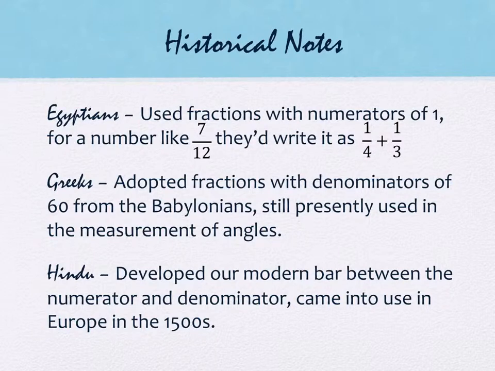All right, the last one, the Hindus. The Hindus actually developed the modern bar between our numerator and denominator. And it came into use in Europe in the 1500s. Let me please ask that when you write your fractions, you write the bar completely horizontal, and let me show you why. I've had problems sometimes when someone wants to write the number 1.5 and they write it like this, and that looks pretty good and clear.